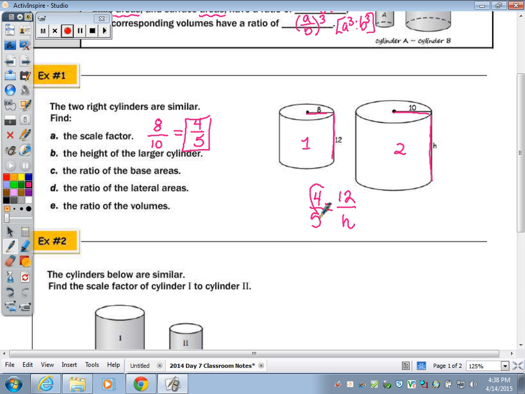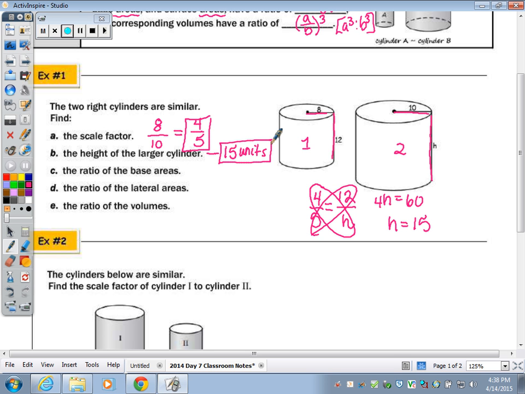Others may need to cross multiply. And we end up with 4h equal to 60. Divide by 4, and h is going to be 15. Again, some of you see that 4 times 3 is 12, so then 5 times 3 would be 15. So the height of the larger cylinder, part B, is 15 units.